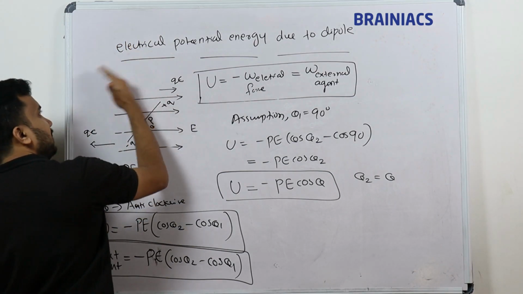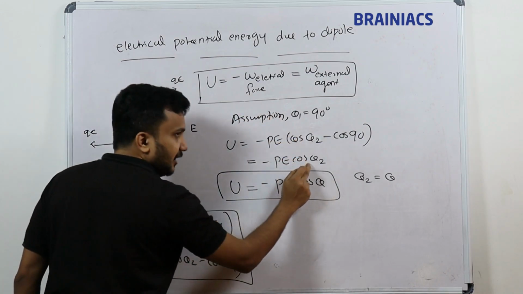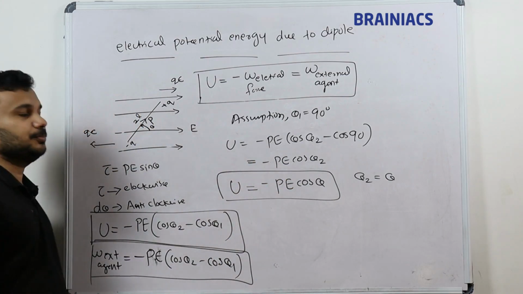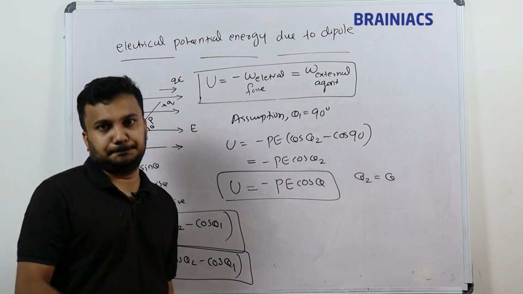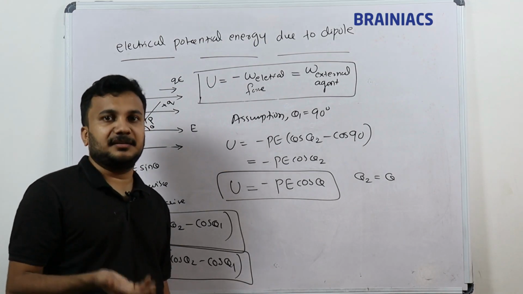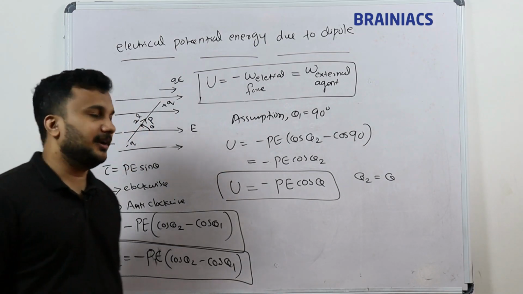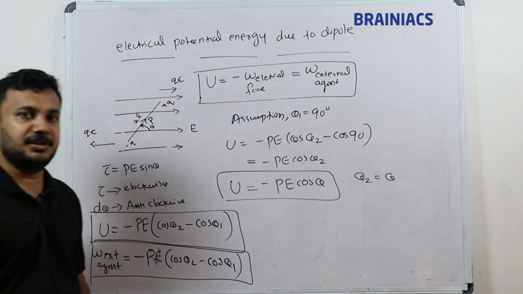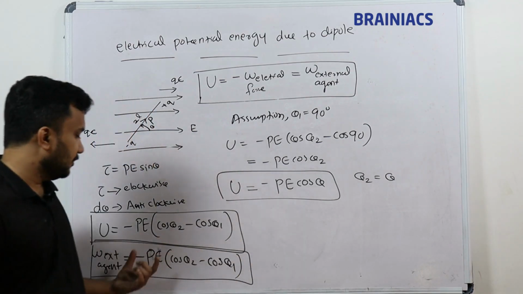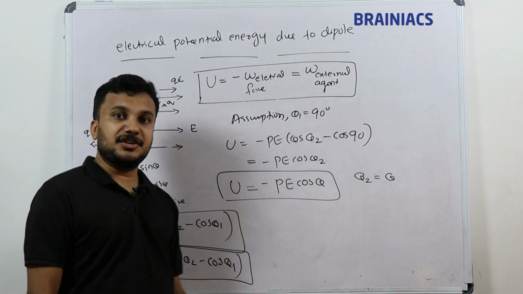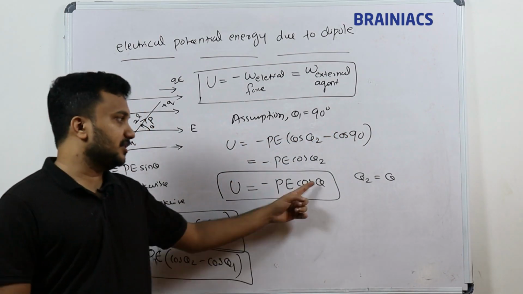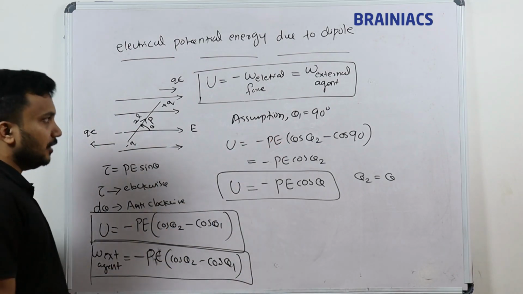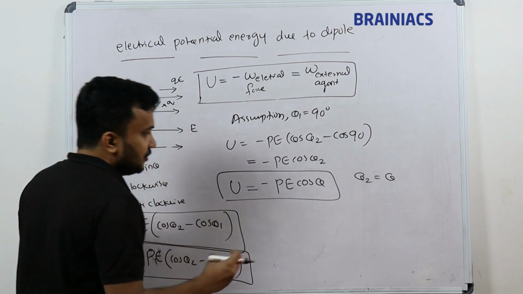From there, if it rotates by some angle, that angle is given by theta 2, which is also equal to theta, then the potential energy is equal to minus Pe cos theta. So from a certain initial angle, we calculate how much it has rotated, and with the assumption of cos 90 for the initial one, potential energy is equal to minus Pe cos theta. This is the final position, and the initial position is at this angle. So in short, I can say the potential energy formula.